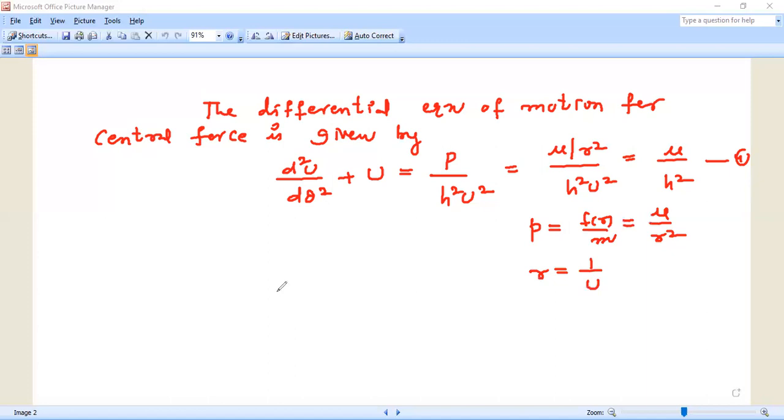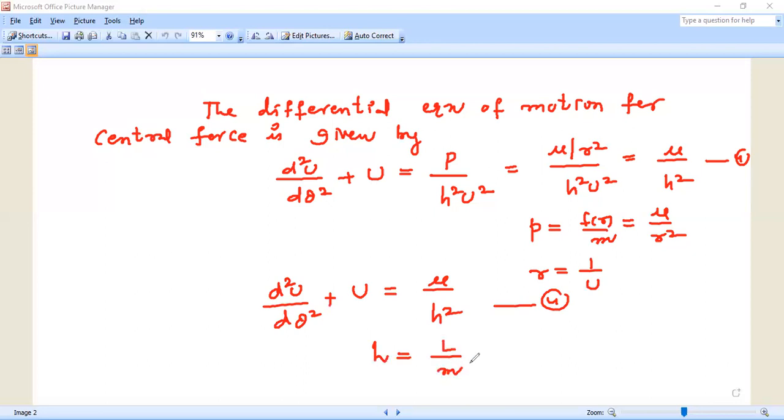Then what is left? d square u by d theta square plus u is equal to mu by h square. This is equation 4. Of course, I already told you that h is a constant, the angular momentum per unit mass, and u is the reciprocal of the radius vector, right?